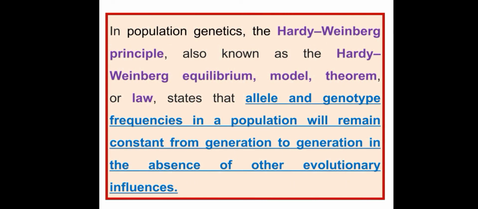In population genetics, the Hardy-Weinberg principle, which is also known as the Hardy-Weinberg equilibrium, Hardy-Weinberg model, Hardy-Weinberg theorem or law, states that allele and genotype frequencies in a population will remain constant from generation to generation in the absence of other evolutionary influences.